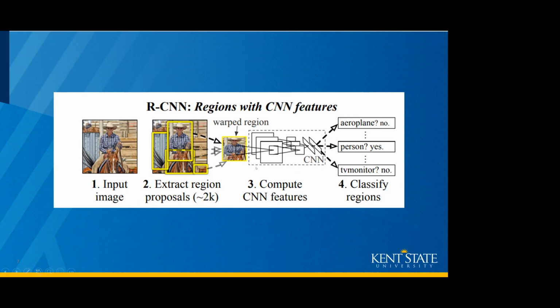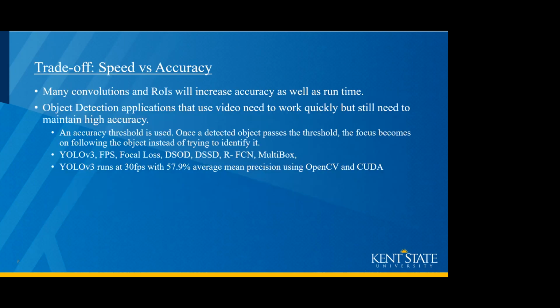So the neural network aspect is this part right here, determining the image labeling on different parts of it. And many convolutions and regions of interest will increase accuracy. So as many feature maps as you can will increase accuracy, going back to that earlier picture where they were at 99% accuracy for almost all of them. That is very good, but that would have taken a long time.